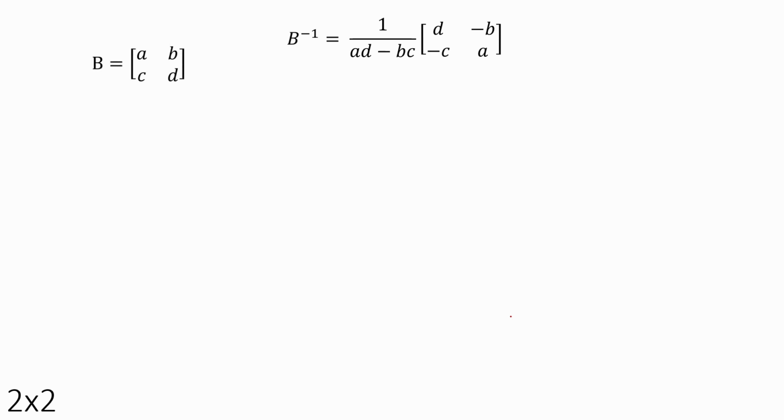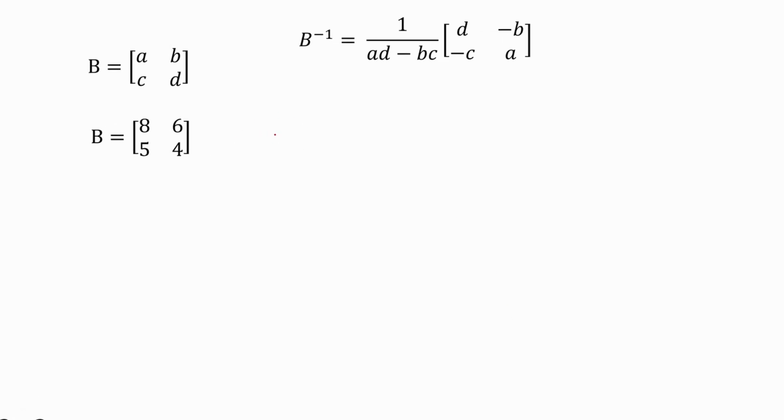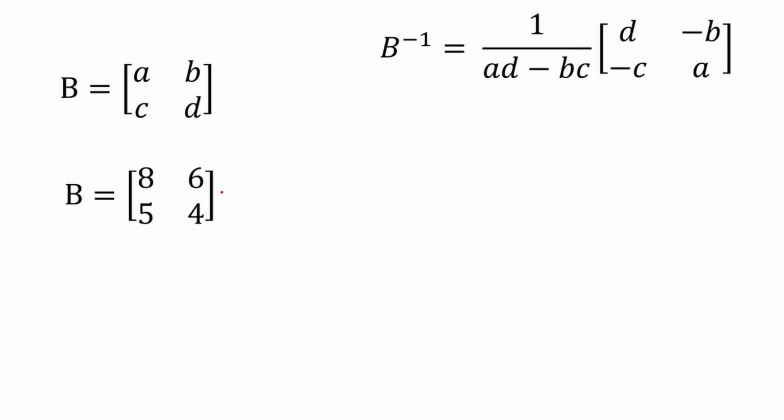And now I have another example right here. This is matrix B with 8, 6, 5, 4. I just input it: 8, 4, 6, 5. And this one is 4, negative 6. C is negative 5 and 8.